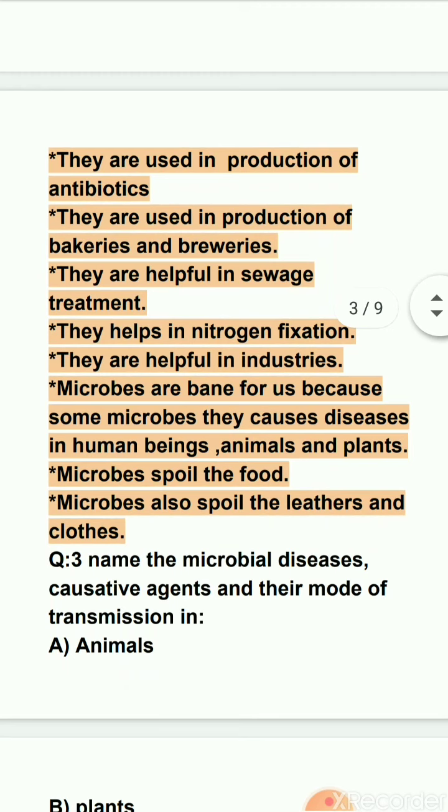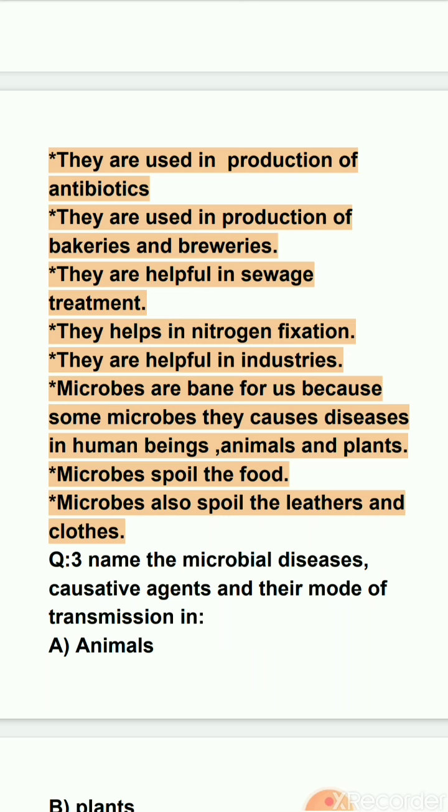They also help in nitrogen fixation, like blue-green algae and Rhizobium bacteria. They are also helpful in industries like baking and making breweries. Microbes are a bane, that means they are harmful.